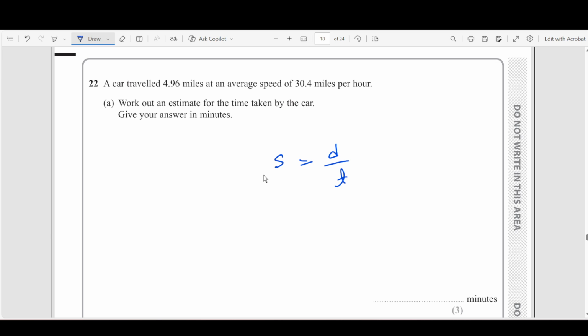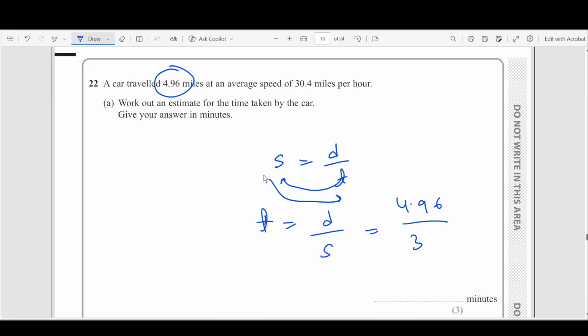We need to find time here, so we can just move the time here and speed would go there. Time is going to be distance over speed. What is the distance? 4.96. And what is the speed? 30.4, right? And this will give us our time.